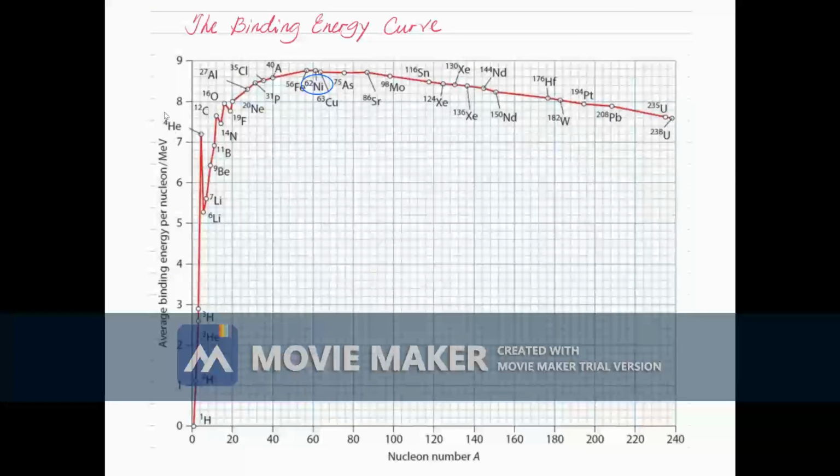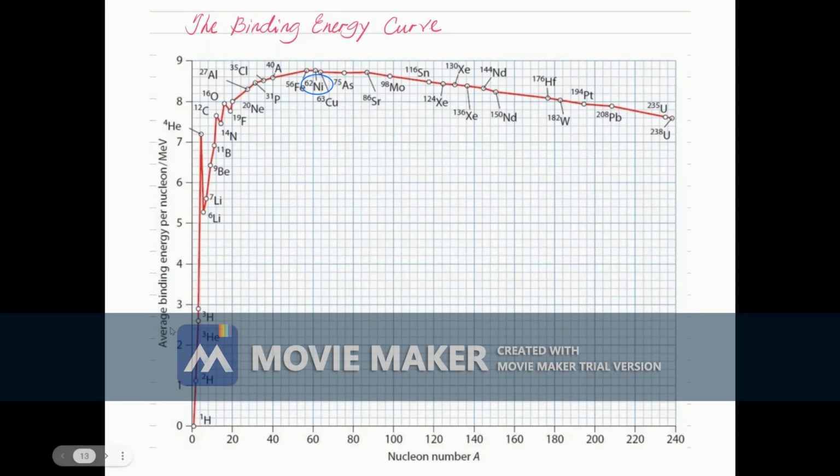Here you can see the diagram that represents the relationship between nucleon number, from 1 all the way up to 238, which is uranium, against average binding energy per nucleon, in mega electron volts. As you can see, from the left side, it rises all the way to the top and begins to decrease.